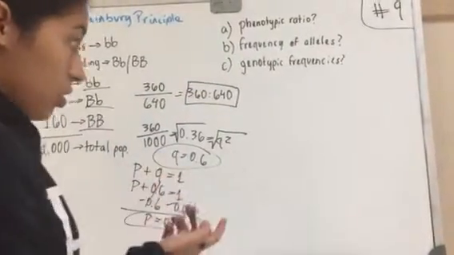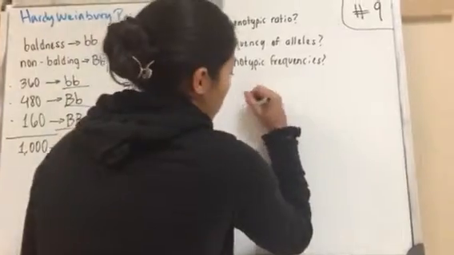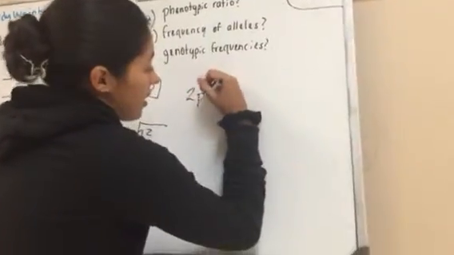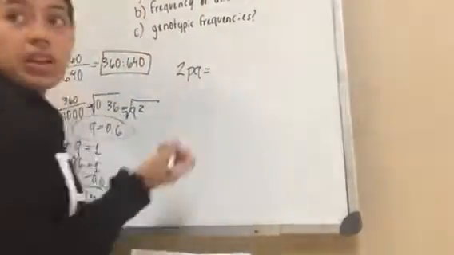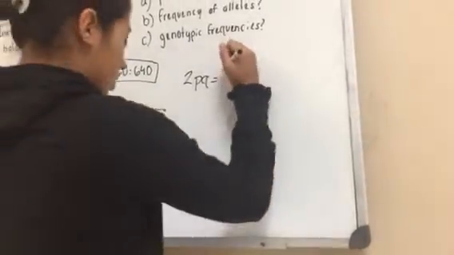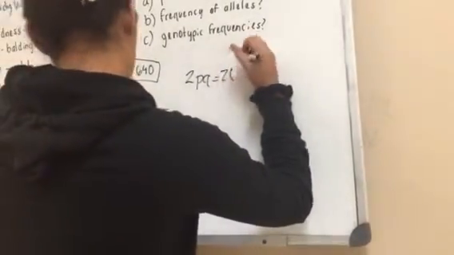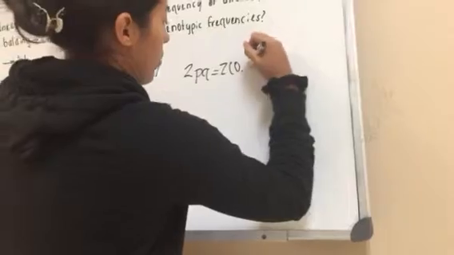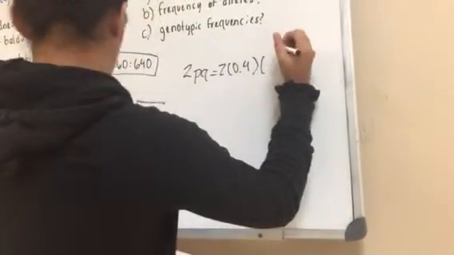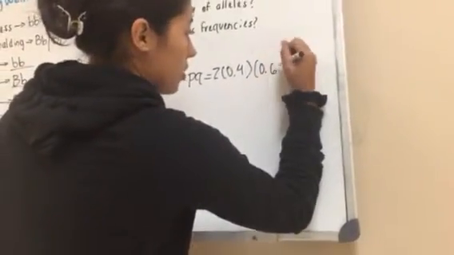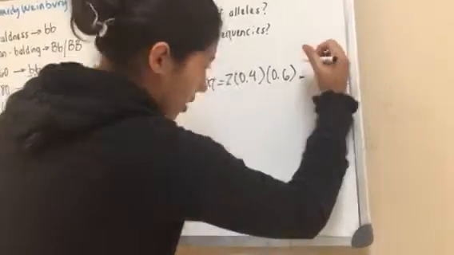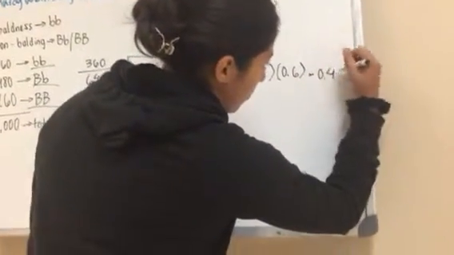Now that we have P and Q, we can find the heterozygous individuals by plugging them into 2PQ. So 2 times 0.4 times 0.6 is going to give you 0.48.